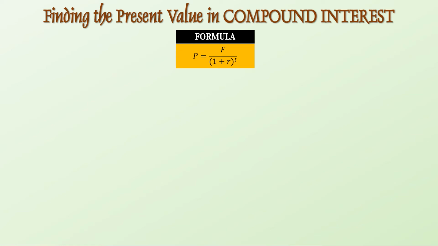Okay, the formula to be used here is capital letter P is equal to the future value divided by quantity 1 plus rate raised to time.